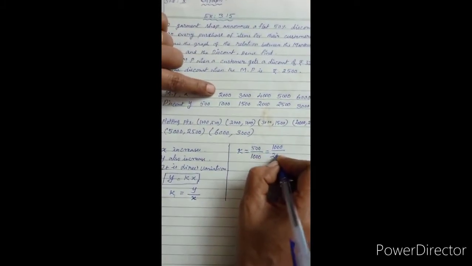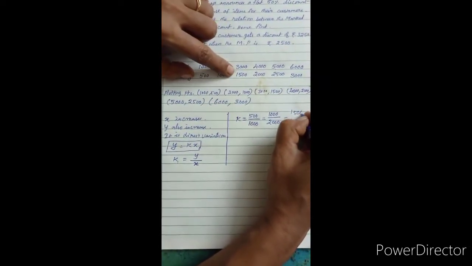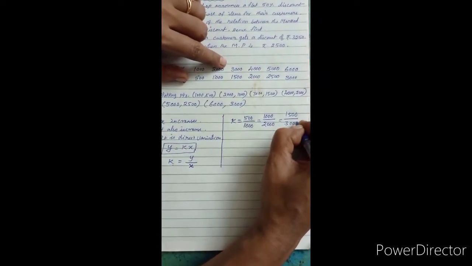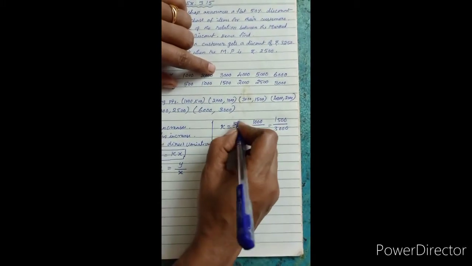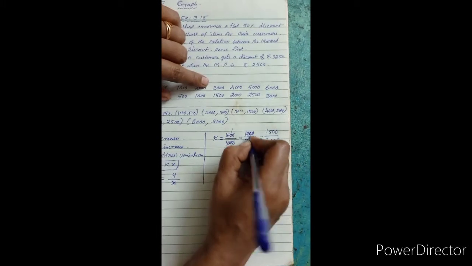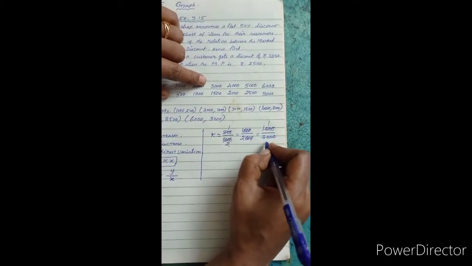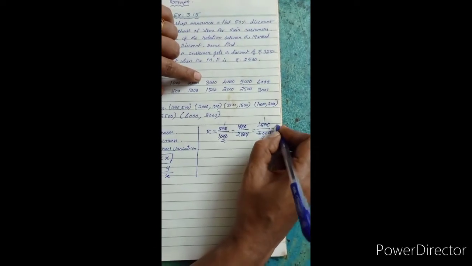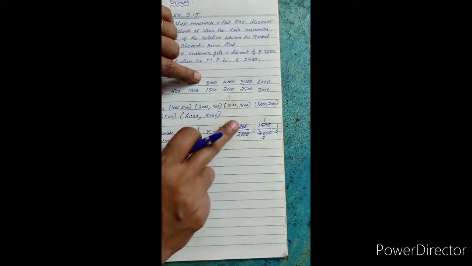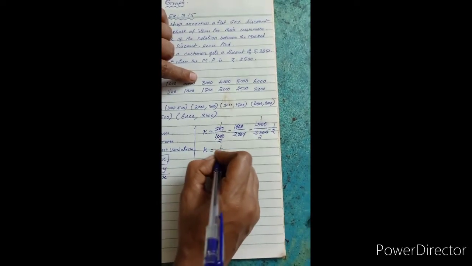Next, 1000 by 2000. Then 1500 divided by 3000. Cancel: 500 one time in 1000 two times, 1500 one time in 3000 two times. So the constant is 1 by 2. Here 1 by 2, here 1 by 2, here 1 by 2. So our constant is 1 by 2.